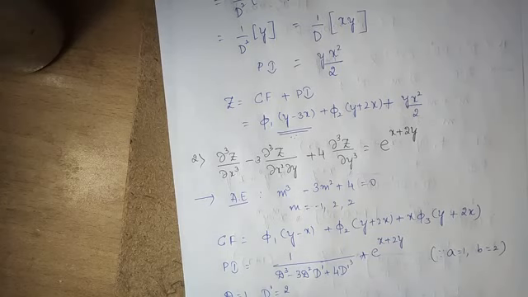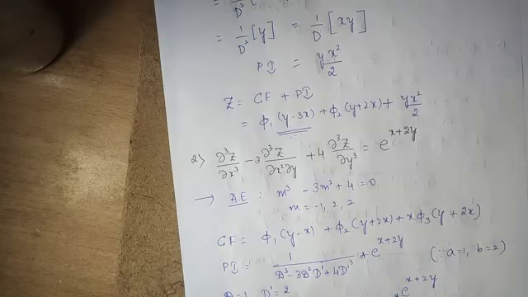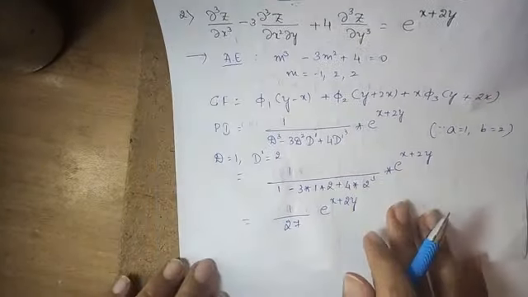So 1 over 1 minus 3 into D square is 1 square, that is 1 into 2 plus 4 into 2 cube into e power x plus 2y. So if I solve this, I will get 1 over 27 e power x plus 2y.